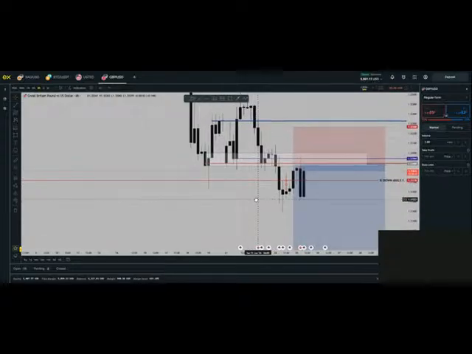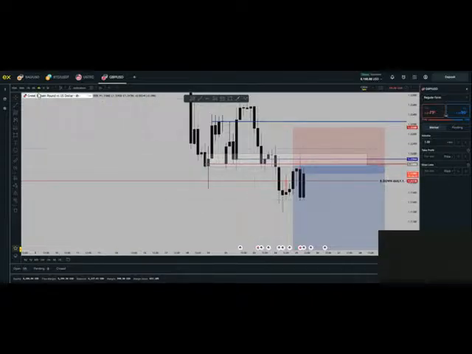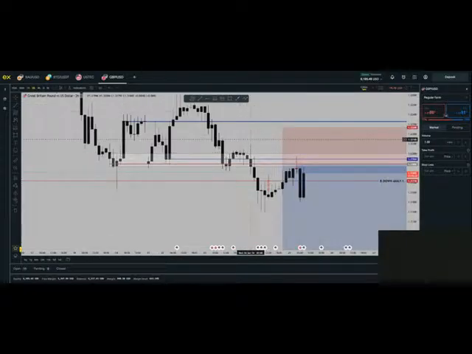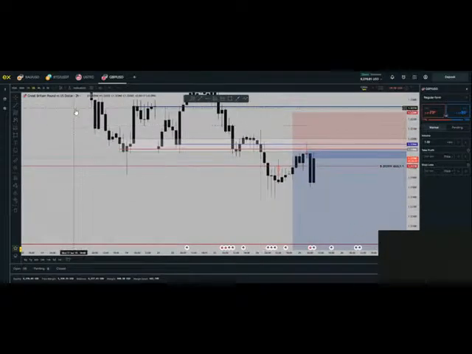That is break, correction and continuation mode, usually the ICC. That is the trade breakdown for this trade.